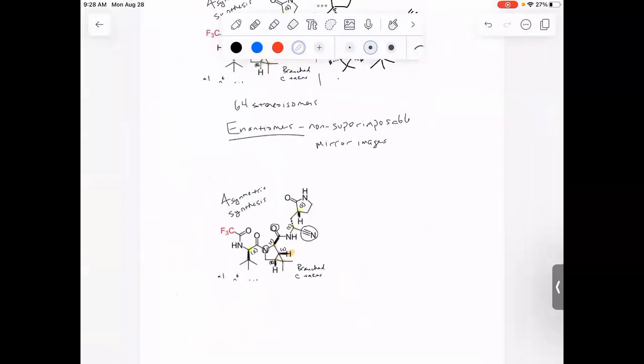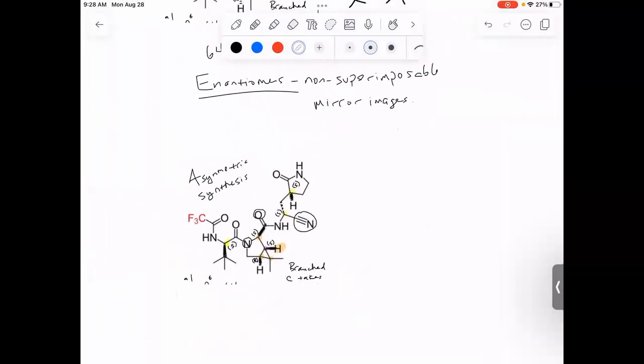So out of those 64 isomers, there may be an enantiomer and then multiple what we call diastereomers, which we'll get to in one second. Questions about that? This is the mirror image.